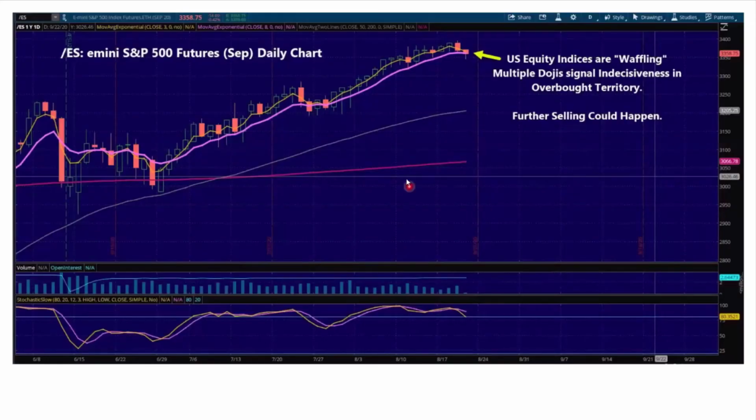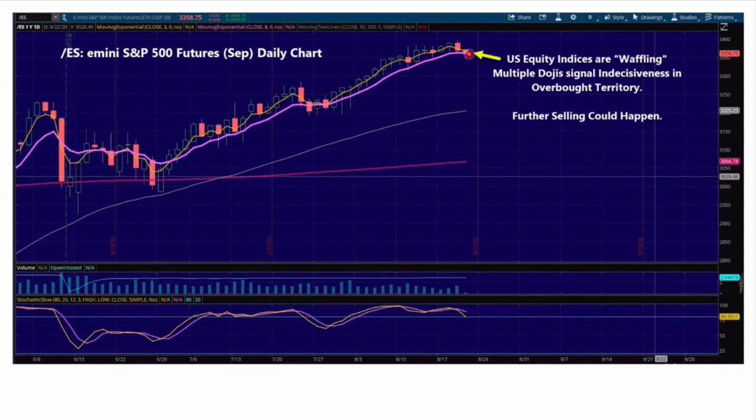So Steve mentioned today that the E-mini S&P futures, the S&P 500 and the major U.S. equity indices were waffling. You have multiple dojis up here at the top of this chart, and it's just showing indecisiveness. We're in overbought territory, and the markets last night pretty much closed right at the T-line.